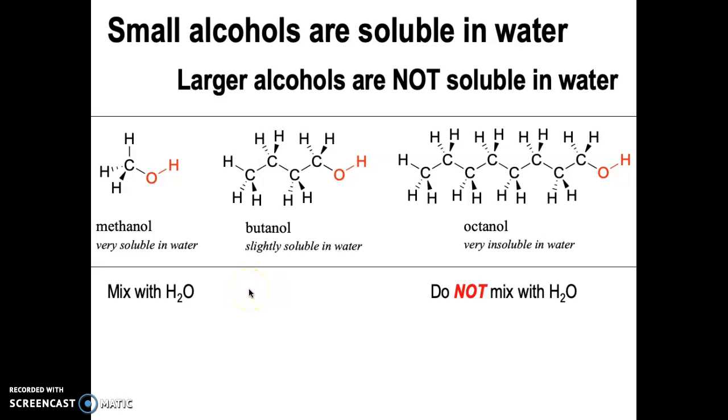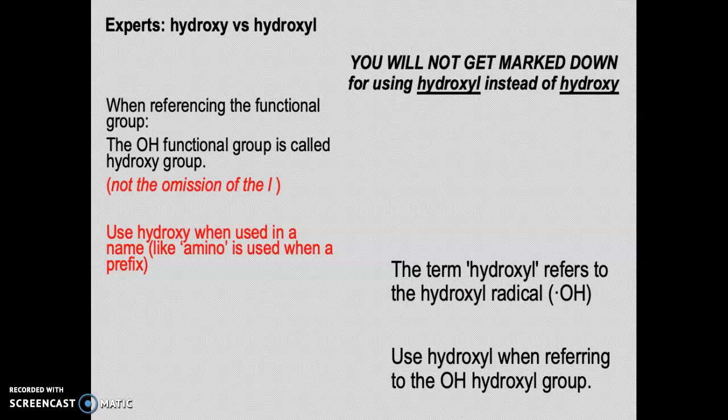Right, so that's where I'm going to stop here today. There's one last final point that I'll point out for extras for experts, and that is you'll notice sometimes people use hydroxy and sometimes they'll refer to it as hydroxyl. It doesn't matter for level 2. You will not get marked down for using hydroxyl instead of hydroxy.